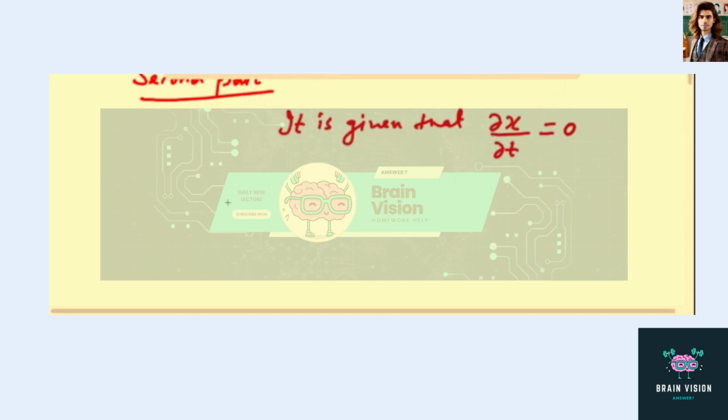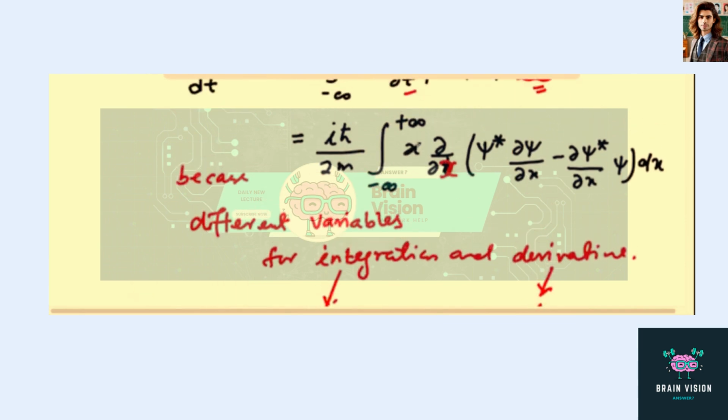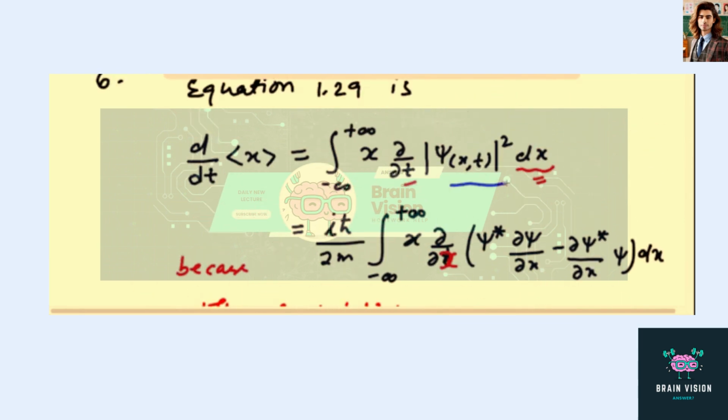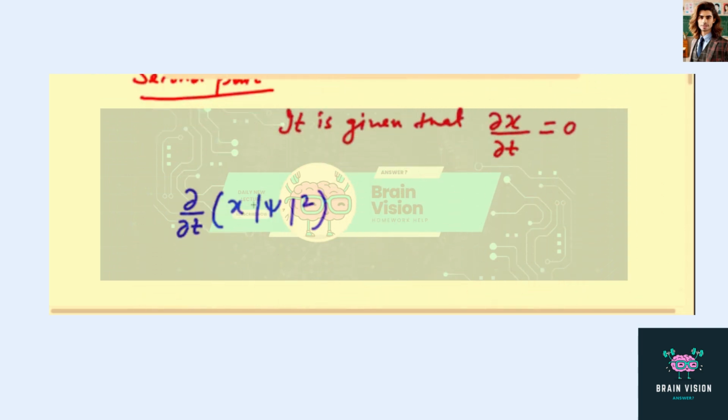We have ∂/∂t of x|ψ|², and this is the middle part. Here we are going to pull the time derivative over onto x, so we have pulled this x inside the ∂/∂t.